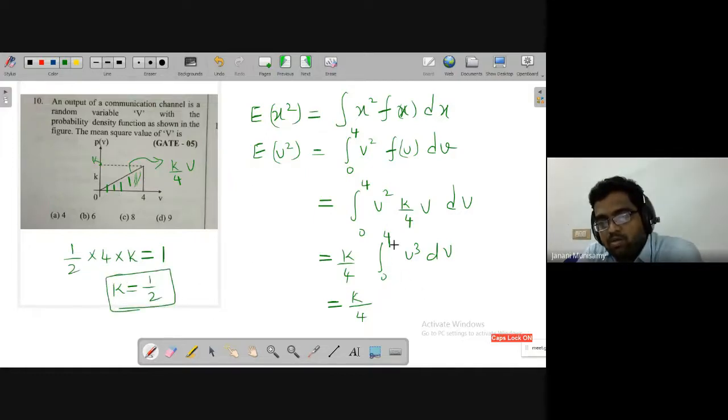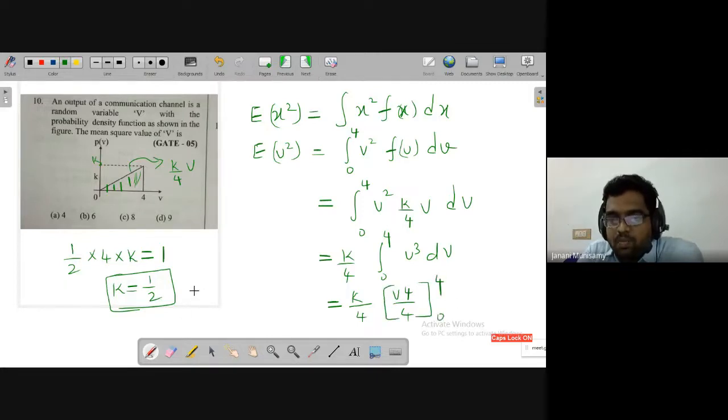Okay, we'll come here. The integration of v cube dv, once we do the integration, you'll get v power 4 divided by 4, from 0 to 4. What is k? k is 1 by 2.